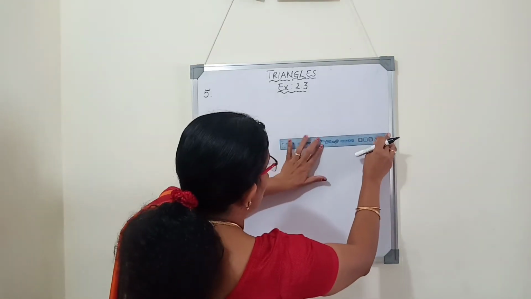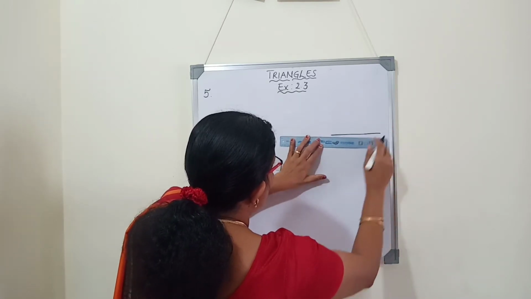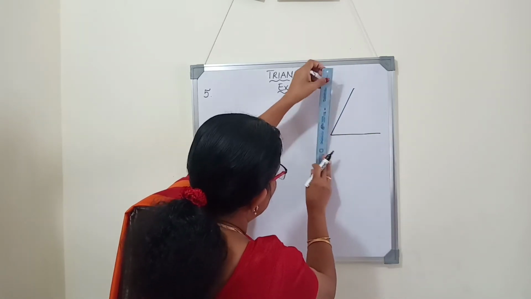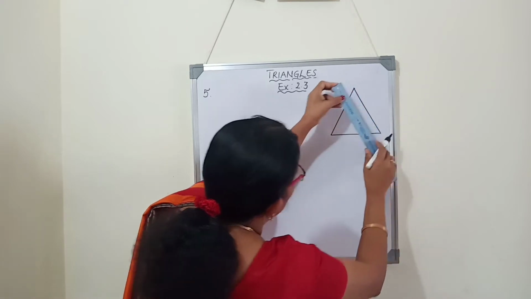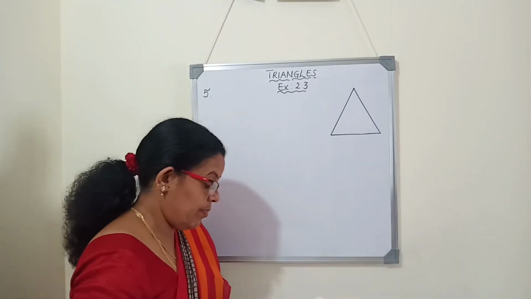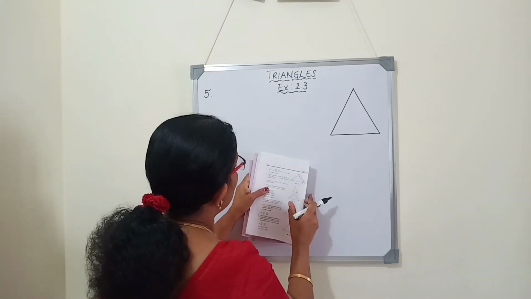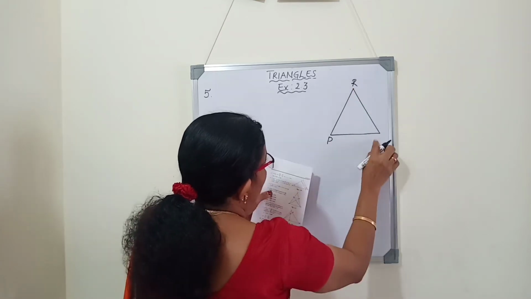So first we have to draw a triangle PQR. Triangle PQR. PR and QR. So S and T are the points on the sides PR and QR.